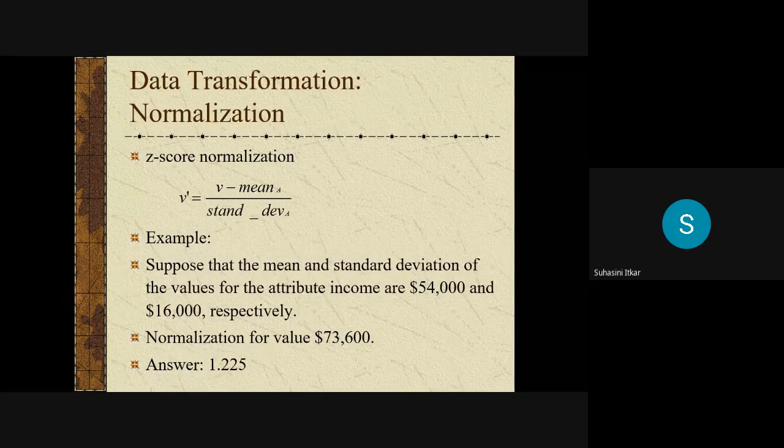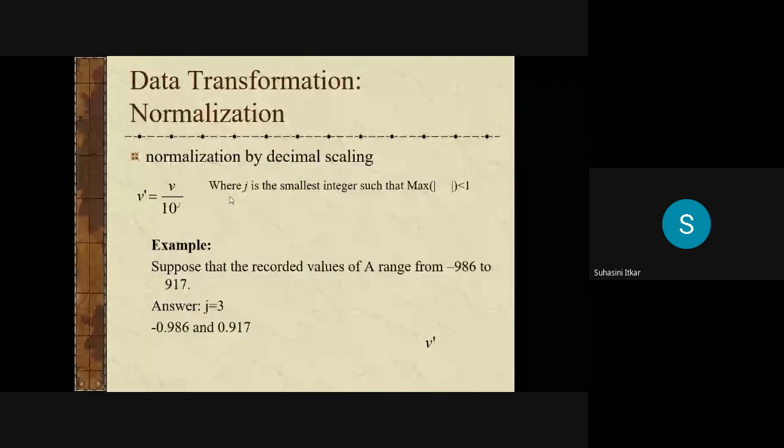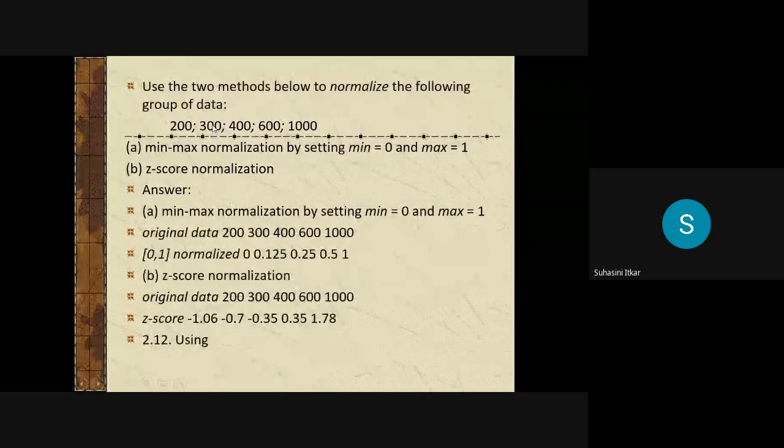So for z-score normalization, using this formula, now calculate for 300 and 1000.